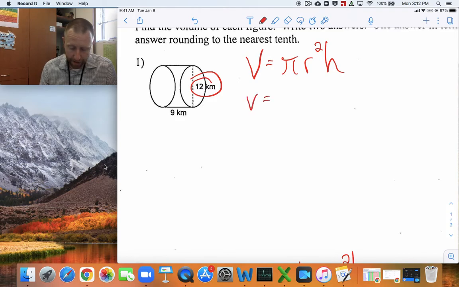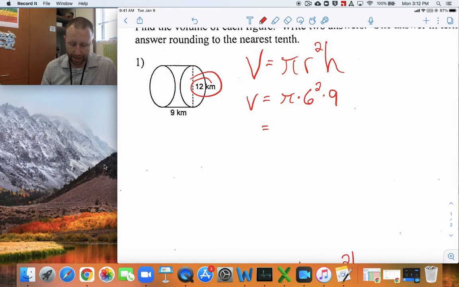My volume is found by taking pi, multiplying it by the radius squared. We just found out that the radius was 6, so times 6 squared. And that's multiplied by the height, which is the distance between the two bases, and that is 9. So I've got pi times 6 squared times 9. Now 6 squared means 6 times itself. 6 times 6 is 36.